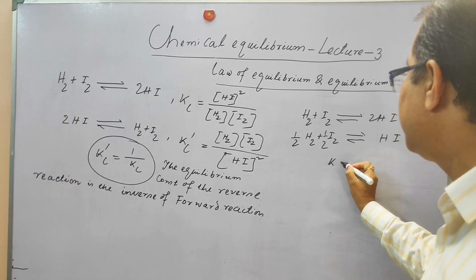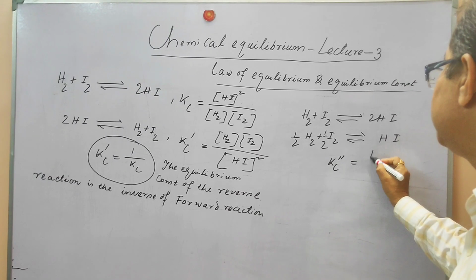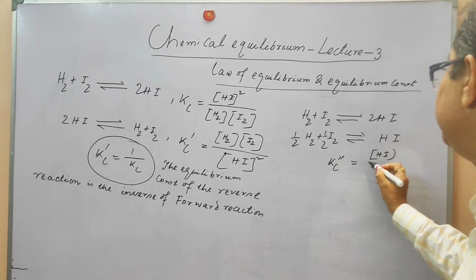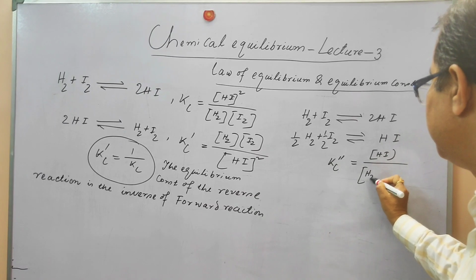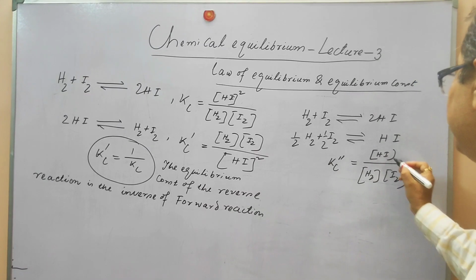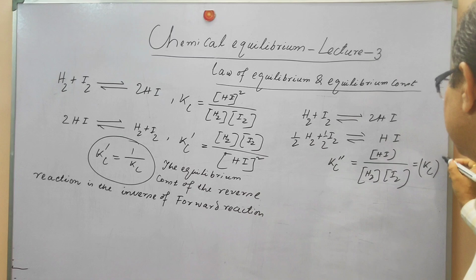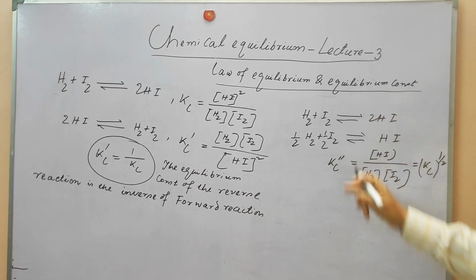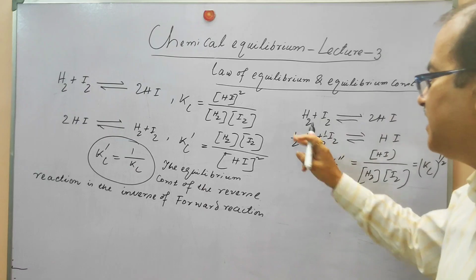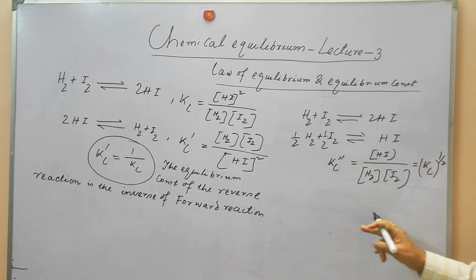So now Kc dash will be HI divided by H2 and I2 each to the power half. So Kc dash will be the square root of Kc.